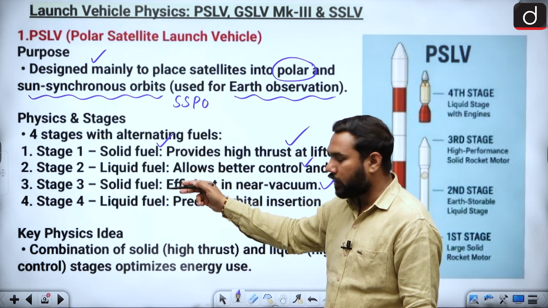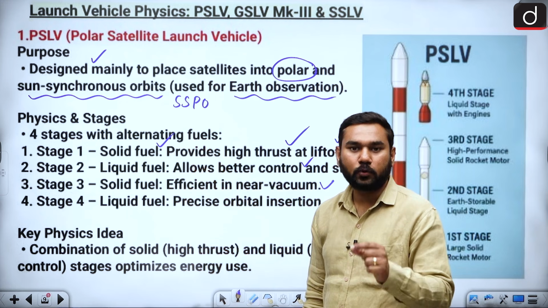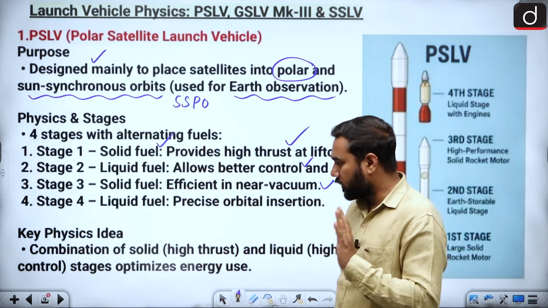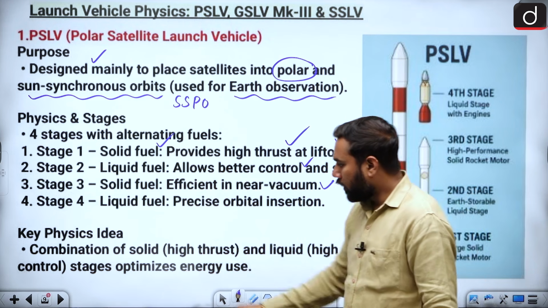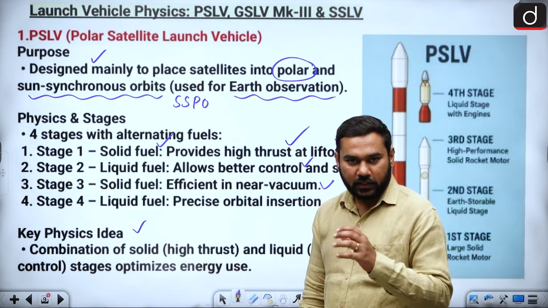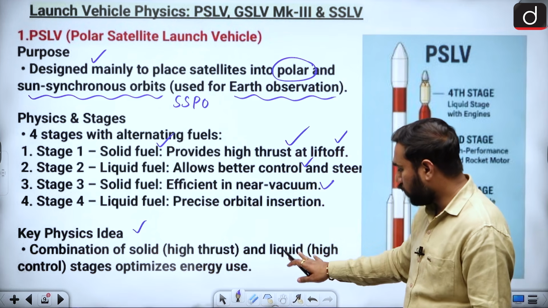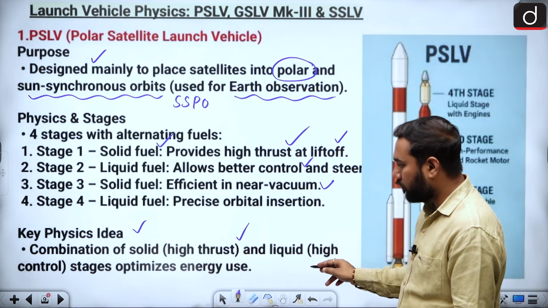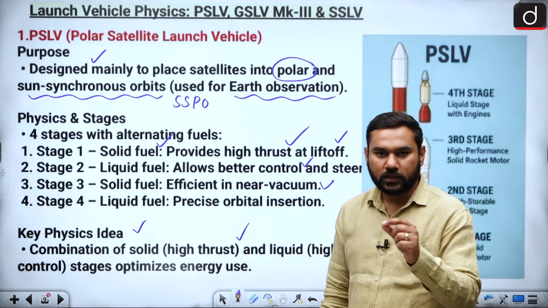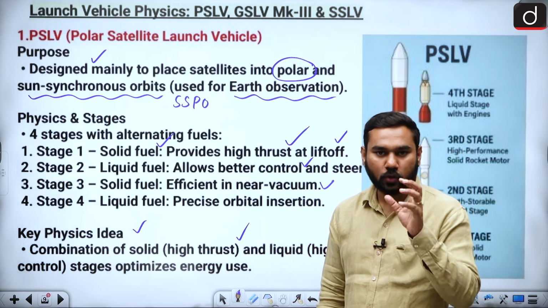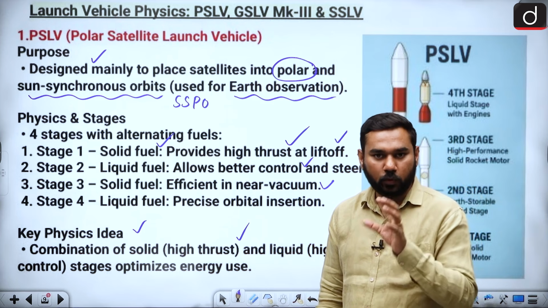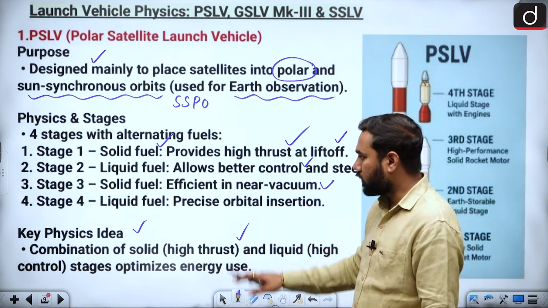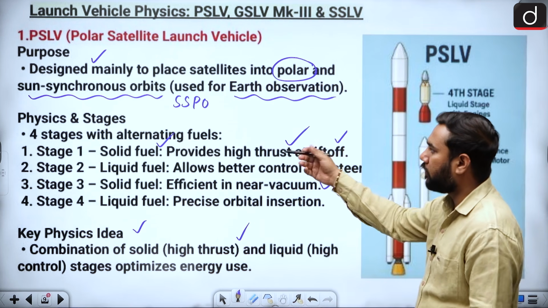The first and third have solid fuel, but the second and fourth have liquid fuel. This is very important. When I talk about the physics idea around it, it is a combination of solid for high thrust and liquid for high control. You need to keep this line in mind: solid means high thrust and liquid means better control. So this is the strategy behind the PSLV.